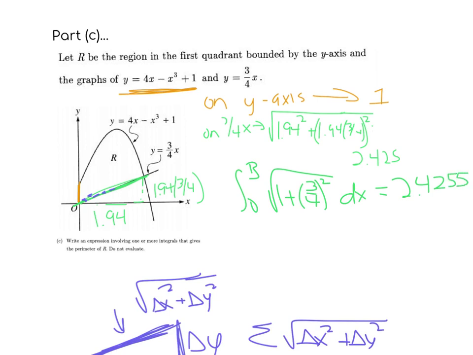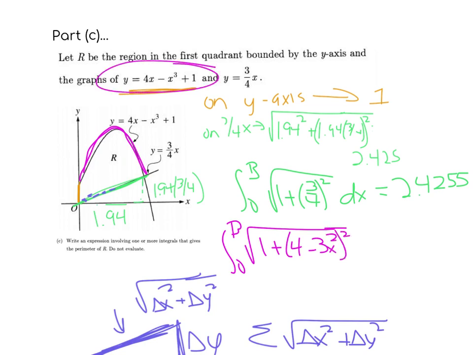Okay. Now the next region is this region, and based on the calculus we just talked about, I know how to do that. Integrate 0 to b, square root 1 plus 4 minus 3x squared. Now, if you're confused, go back up here. The derivative of 4x is 4. The derivative of x cubed is 3x squared, and the derivative of 1 is 0. And then dx.